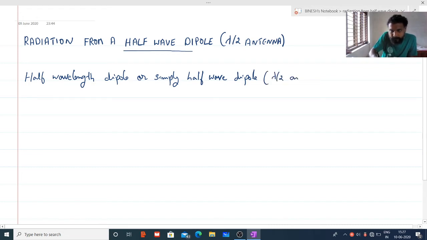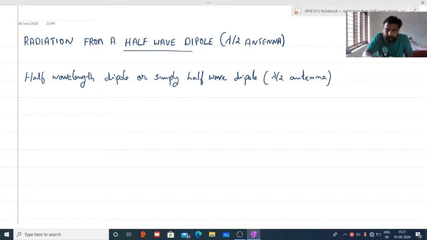It is one of the simplest antennas in antenna theory, and is widely utilized as a single element, or as a part of a more complex antenna.